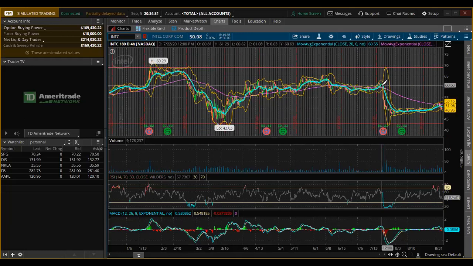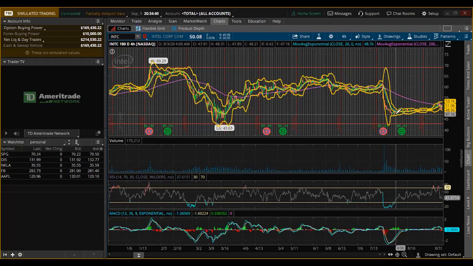And I believe this is when the news came out about their chips and it started dropping. And then AMD started turning around on them.